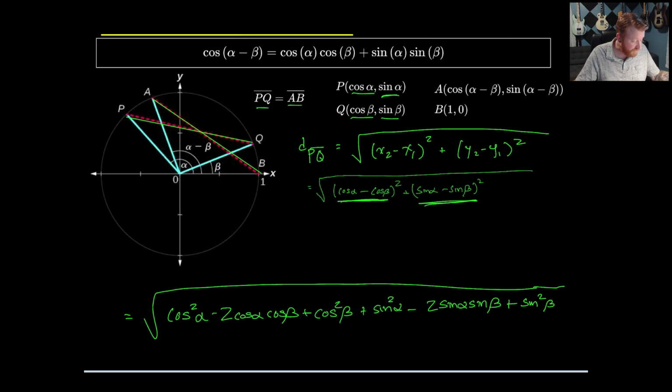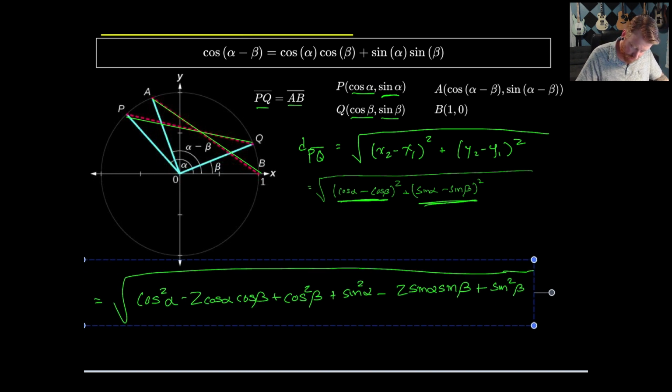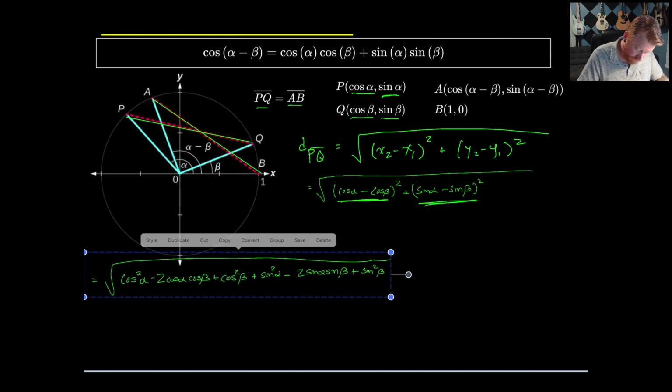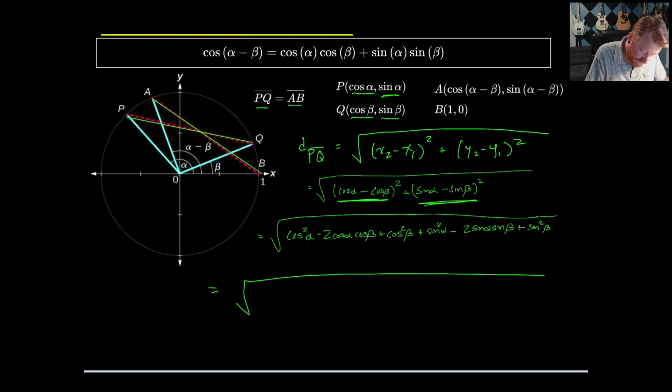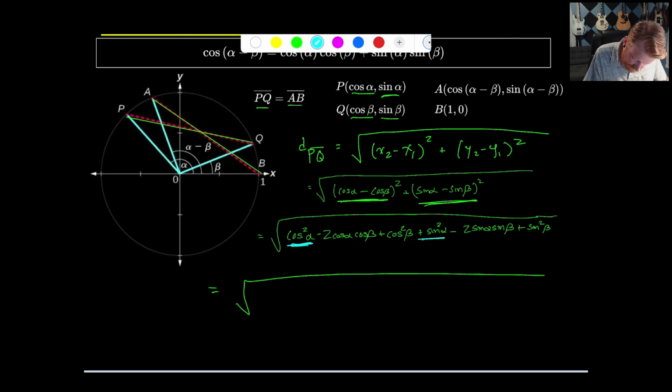And now what I'm seeing is there are some groupings of Pythagorean identities in here. So let me make this a little bit smaller, and we'll move it over here. What I'm noticing is that now we have the square root, and I'll color code some things here, a cosine squared alpha and a plus sine squared alpha. Those are just one Pythagorean identity. And then I'm also noticing I've got a cosine squared beta plus a sine squared beta. If I group those together, we just get 1.